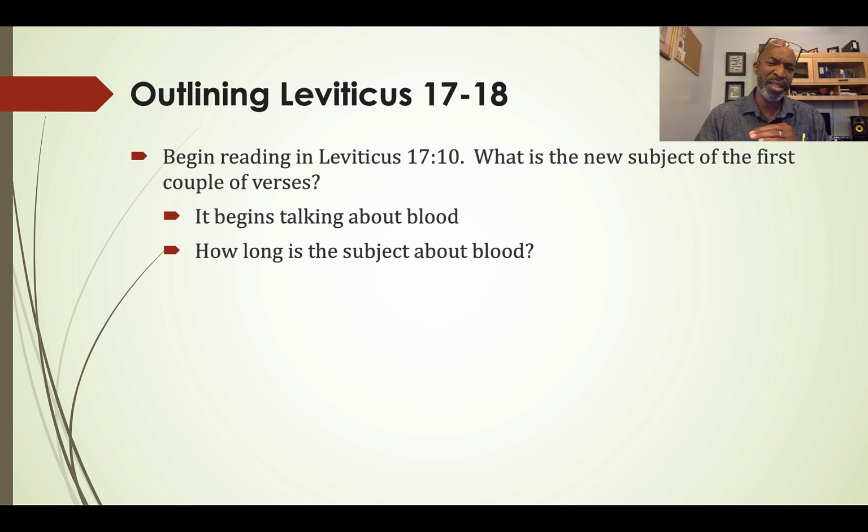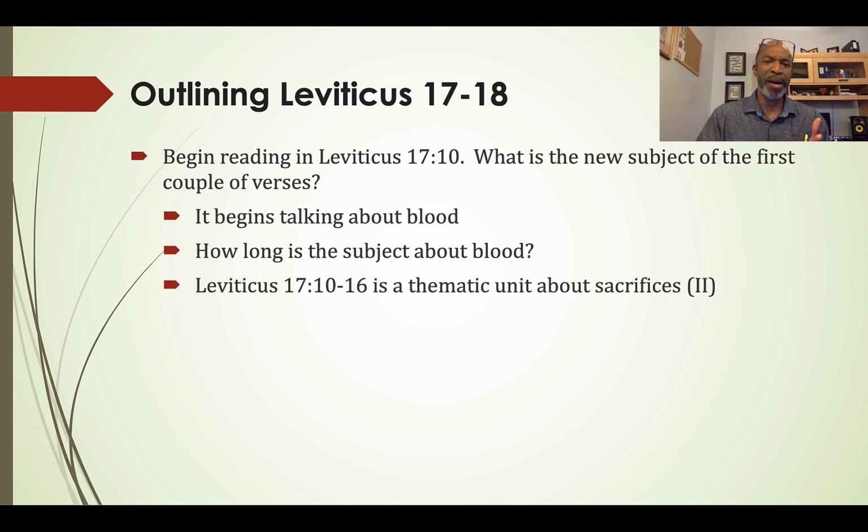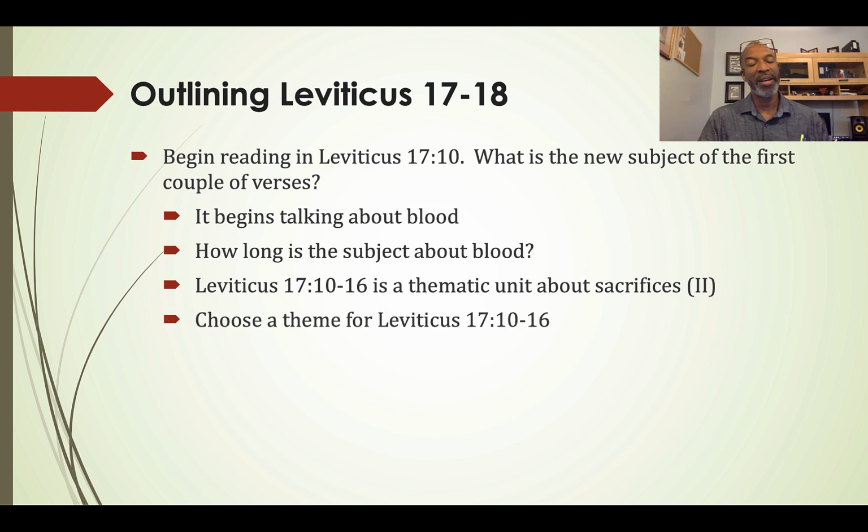The question is, how long is the subject going to be about blood? If we read, we're going to notice that topic goes from Leviticus 17:10 all the way through Leviticus 17:16. And so it becomes our second major theme in our outline.